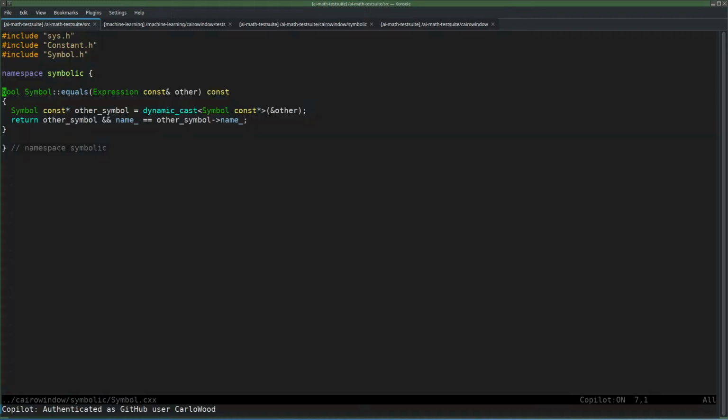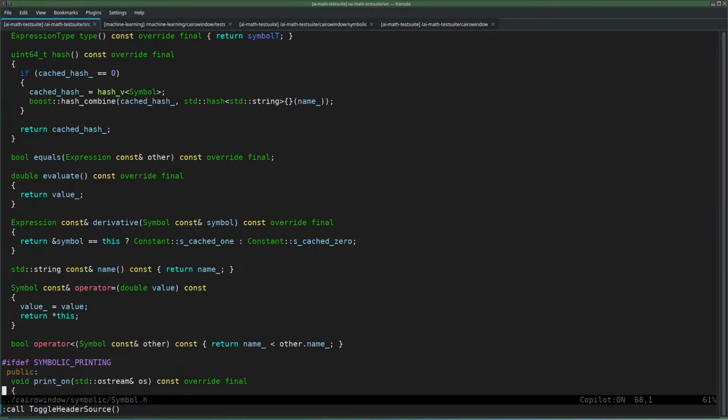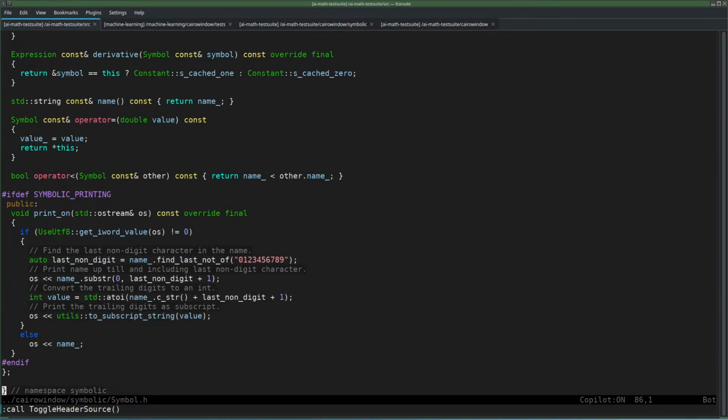Oh, what's... Find the last non-digit character in the name.